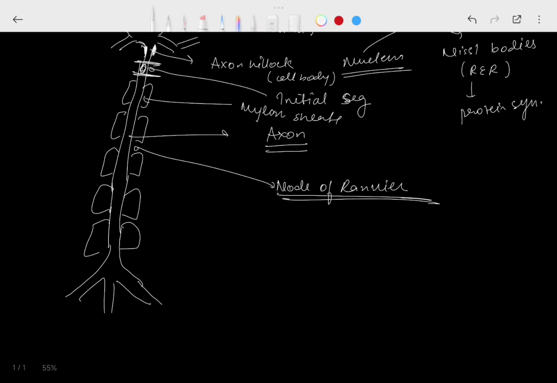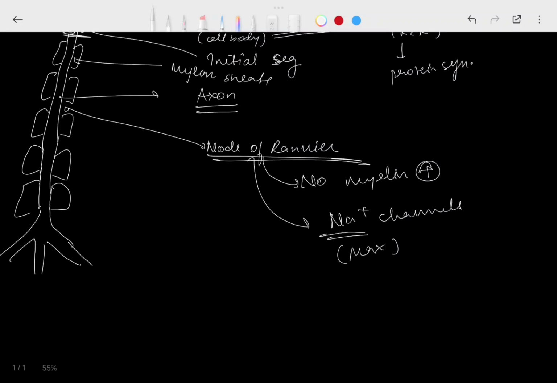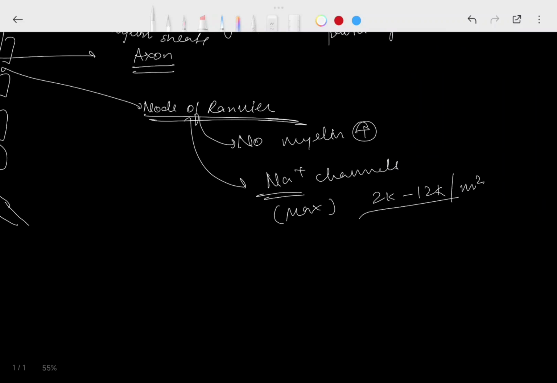It is the part of the axon where no myelin sheath is present, and there are maximum sodium channels, 2000 to 12,000 sodium channels per square micrometer.